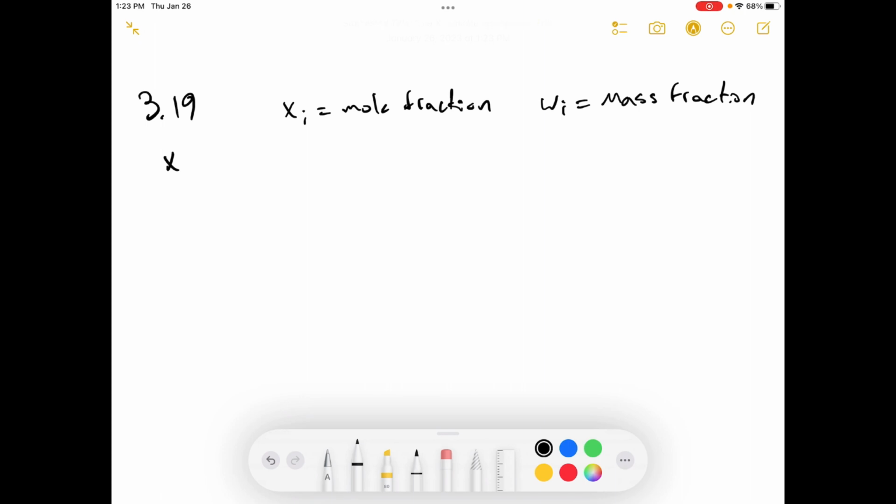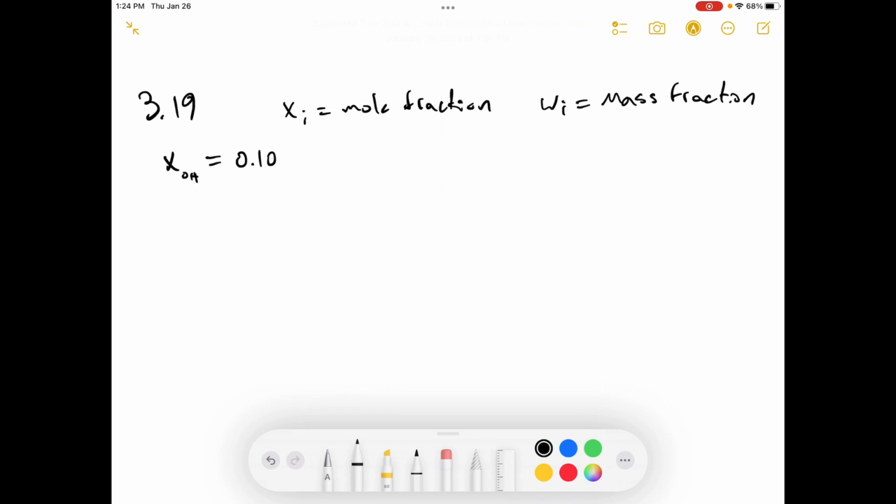Too bad all of these have the same initials. We've got an alcohol, so we'll call that ethyl alcohol, OH. That's my alcohol, and that one is 0.10 mole fraction.